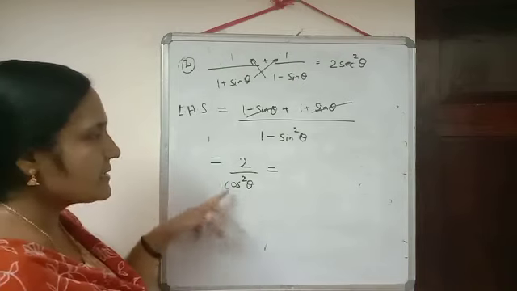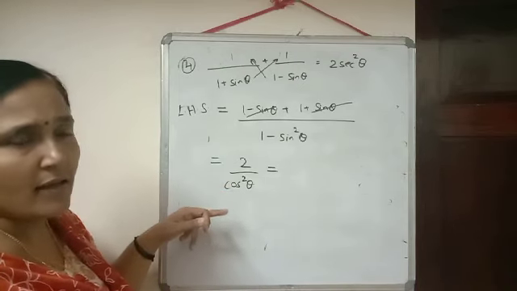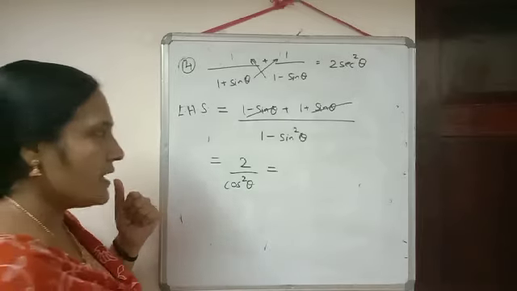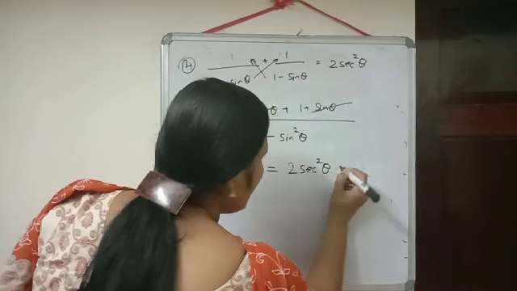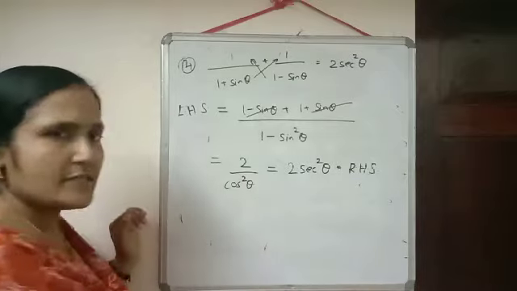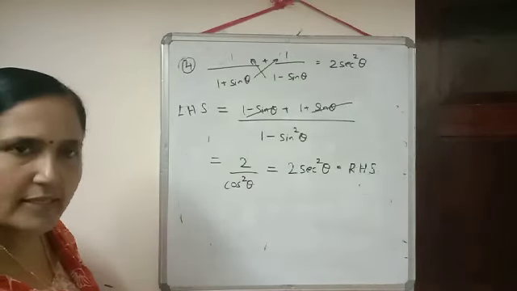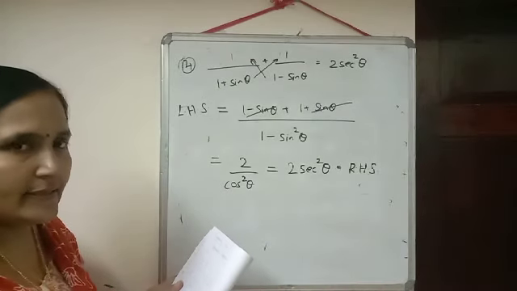Cos square theta is coming in denominator, means it is 1 by cos square theta. And what is the reciprocal of cos theta? Sec theta. So 1 by cos square theta can be written as sec square theta. So we are getting 2 sec square theta, which is equal to our right hand side. So by solving these questions, it will be clear to you how to use the identities.